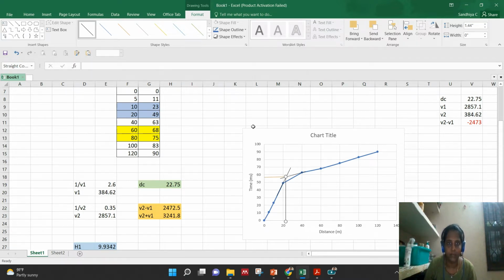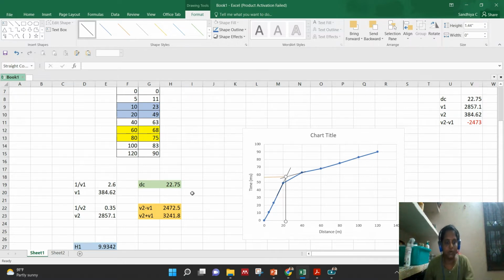Distance versus time we are plotting. They are asking at what distance the waves reach simultaneously, so obviously you have to take the x value. At this distance of 22 meters, both waves reach simultaneously. You cannot take time, that is the time scale. Clear?